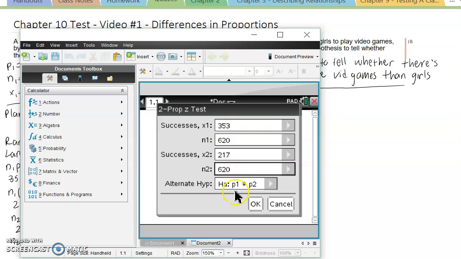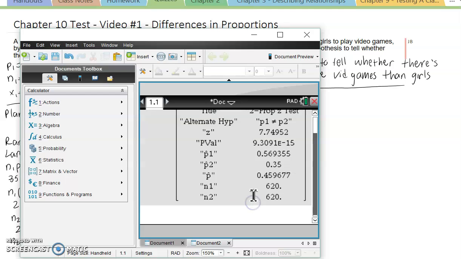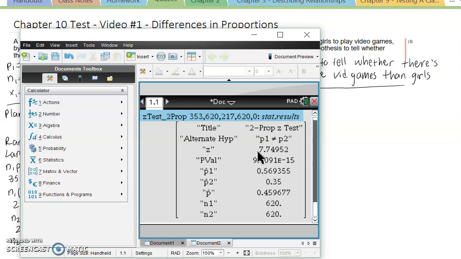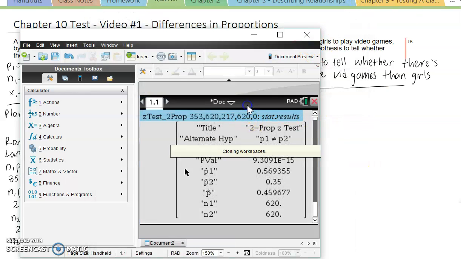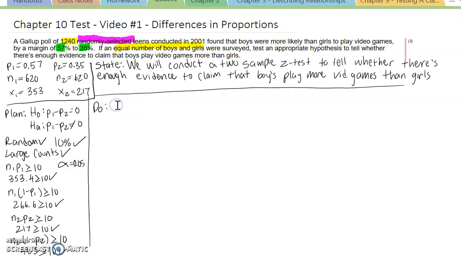And then this is correct that our alternative hypothesis is P1 is not equal to P2. And then this comes out. So we're just going to clip that in for our do.